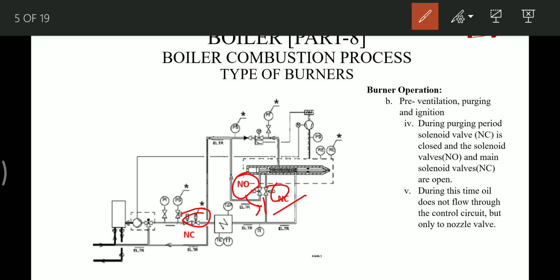So during this time, oil does not flow through the control circuit but only to the nozzle wall. Oil enters like this and then it flows like this. So this is the path followed during purging.